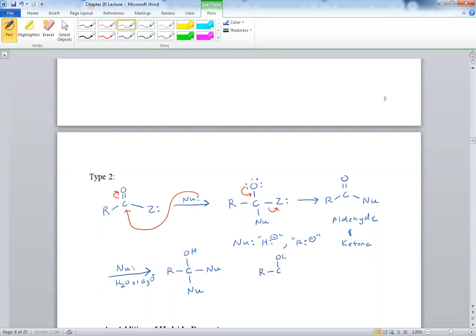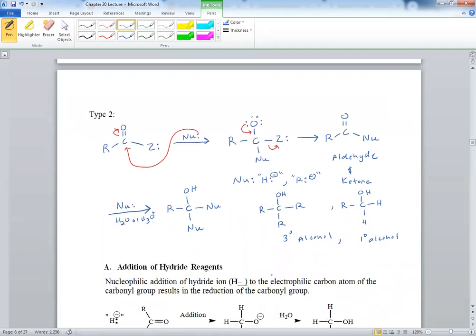If it was R, you would get an R group there and an R group there. So that's basically a tertiary alcohol. And if you had an H or an H, you can have a primary, or you can have a secondary if you mix. One time you added the R, one other time you added the H. So this second step, this step right here is irreversible.